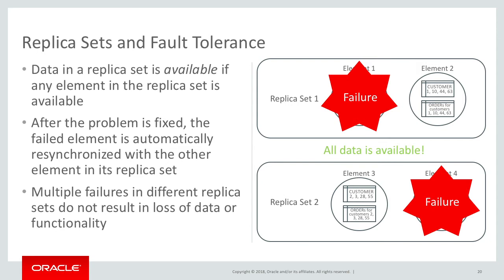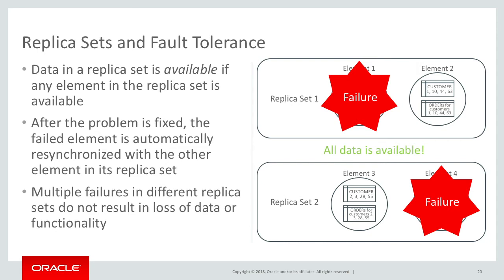Now, suppose 2 elements go down. Well, it kind of depends on which 2. In this case, we have element 1 and element 4 have both gone down. They're in different replica sets. And so in this case, everything keeps running, right? Because all the data is available. The data from replica set 1 is available because element 2 is up.